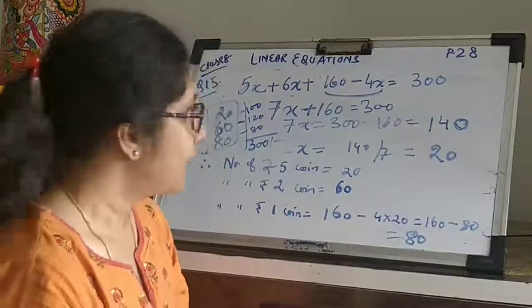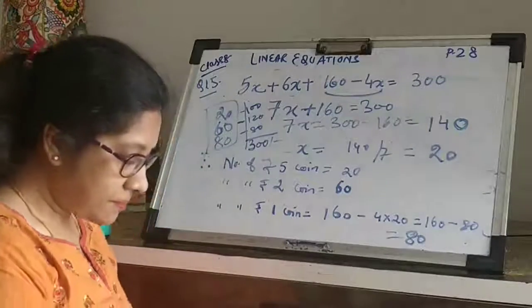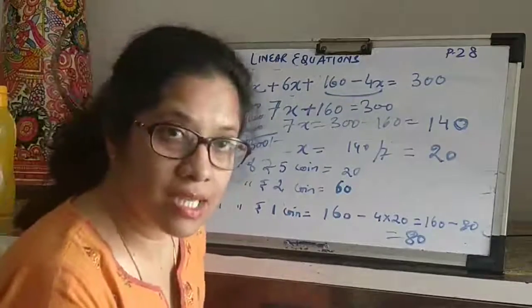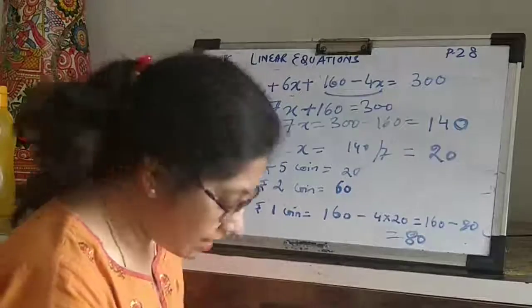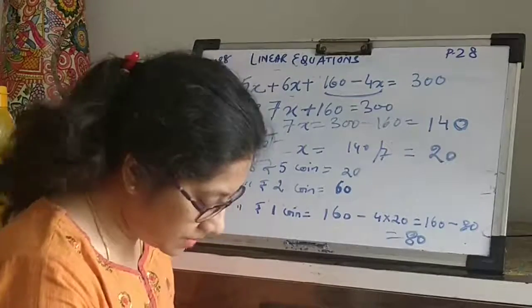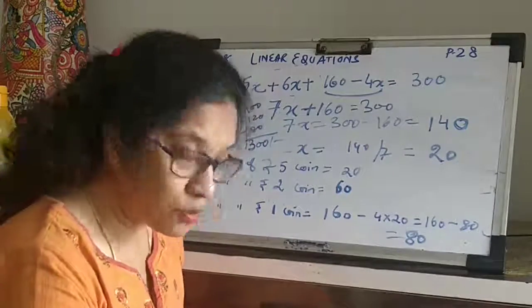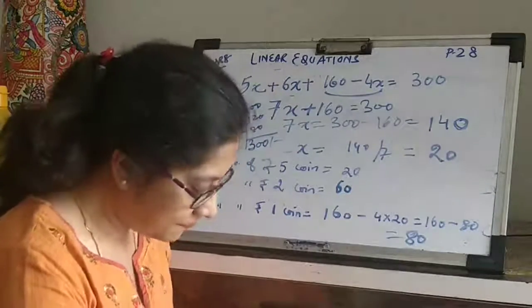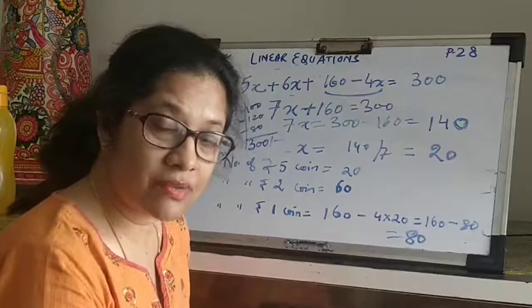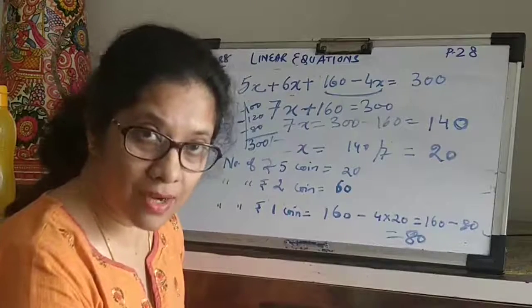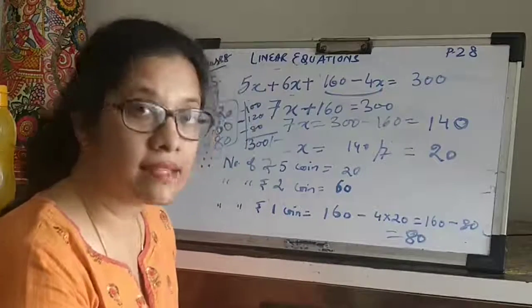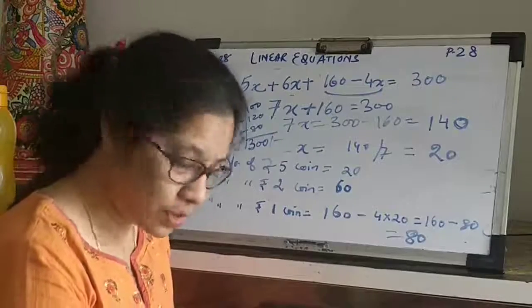Okay? Let's do a quick recap. The total amount is rupees 300 given to me, of various denominations: rupees 1, rupees 2, rupees 5. One more extra piece of information given: the number of 2 rupee coins is thrice, 3 times the number of 5 rupee coins.